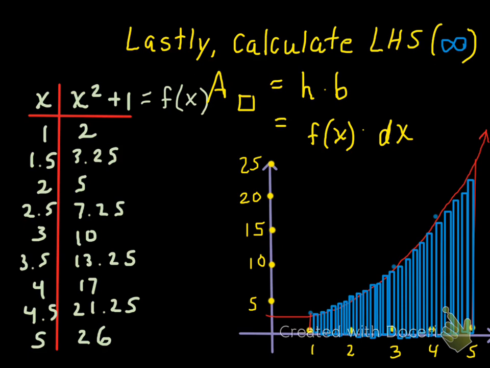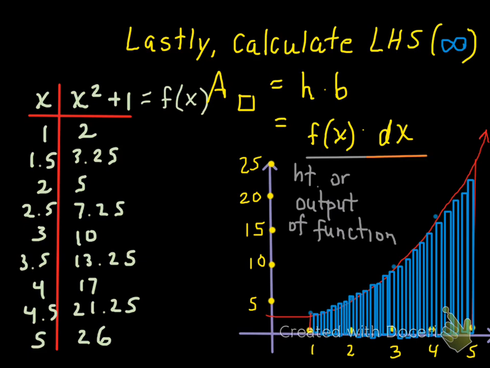Further addition here, see if we can make things clearer. What is f of x? F of x is the height or output of the function. The height of every single rectangle, which I can determine from the output of the function. dx, then, I need to think of that as that small difference in x. dx, difference in x.